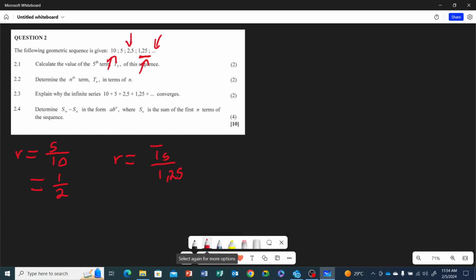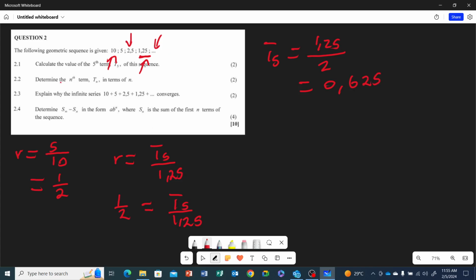So we will have 1 over 2 is equal to T5 divided by 1.25. Now if you rearrange your equation, your T5 will be equal to 1.25 divided by 2. So this will be 0.625, and that is our fifth term.